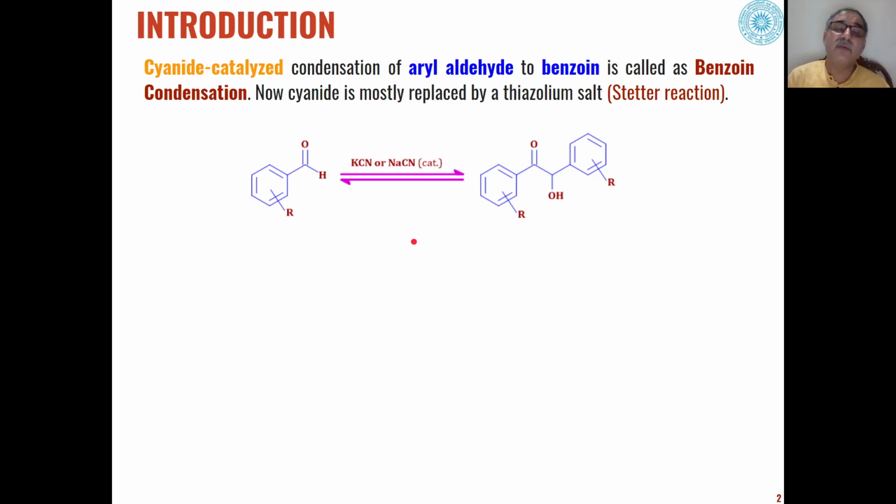So with the passage of time, the use of cyanide was prohibited, and these catalysts have now been replaced by other types of catalysts which have been found effective for benzoin condensation. One of the common catalysts used these days is thiazolium salt.